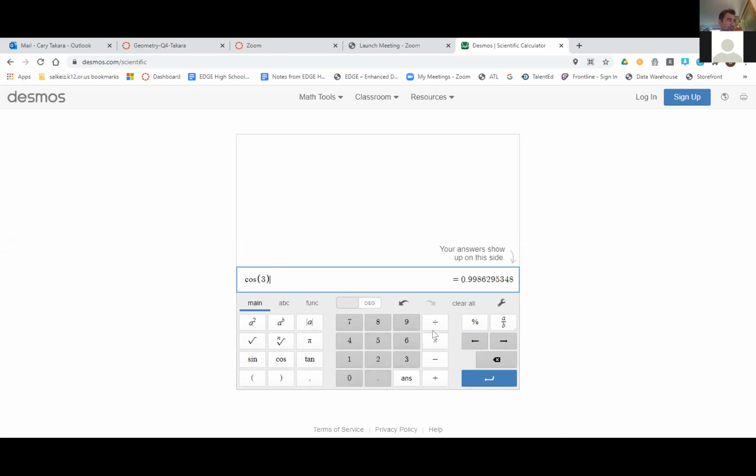Close the, oh, wait a second, backtrack. Cosine of 32, close the parentheses, times 7, and then enter. So you get 5.9. So I would use that.